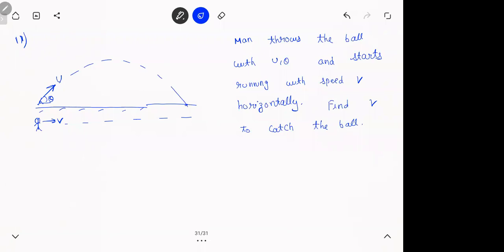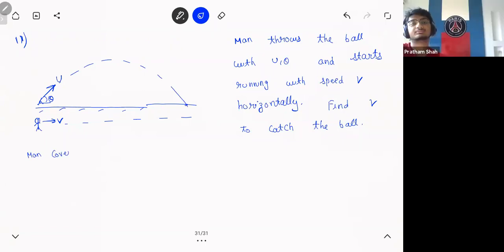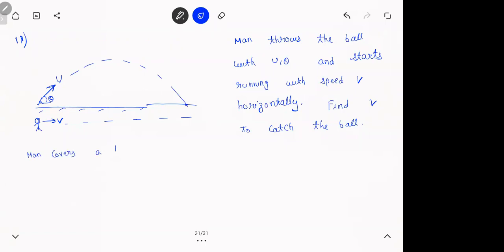Tell me one thing, how much should the man run? Range, no? The man covers a distance of range in the time of flight. By the time the ball falls, the man also has to reach there.